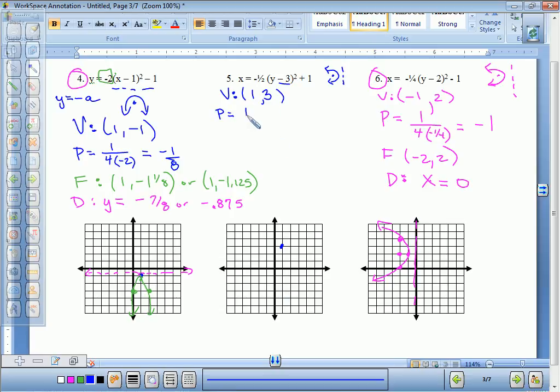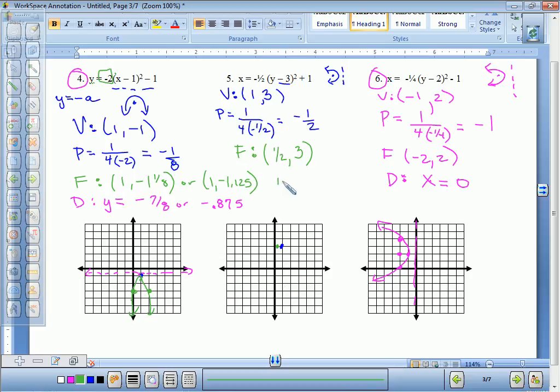P is 1/4 times -1/2, so this is -1/2, because 4 times -1/2 is -2. So the focus would be right here. Left a half. So your focus will be the point 1/2, 3.